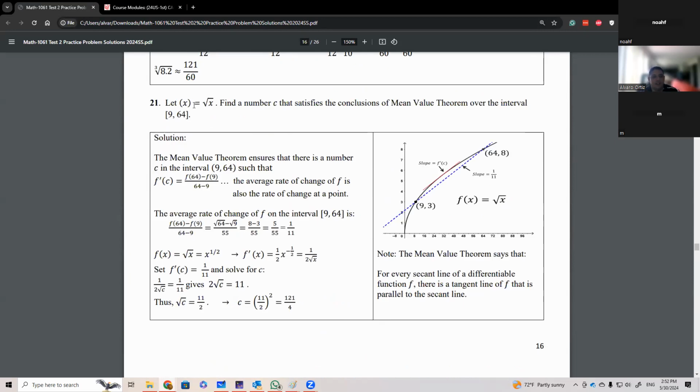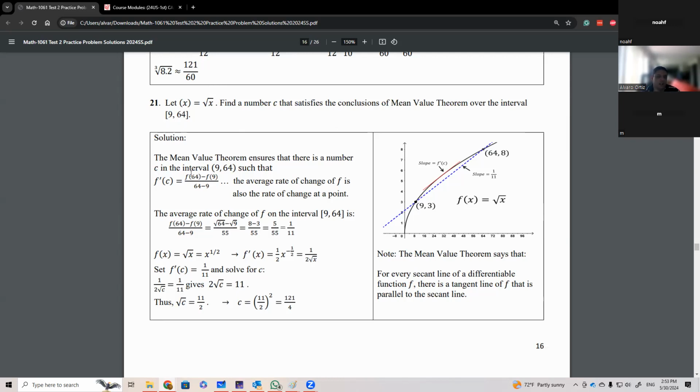Okay, it says let f of x be square root of x, find a number that satisfies the conclusion of the mean value theorem. This is a straightforward mean value theorem. You set up f of 64 minus f of 9 over 64 minus 9. You can do this because the square root of x is continuous and differentiable, especially in this interval.